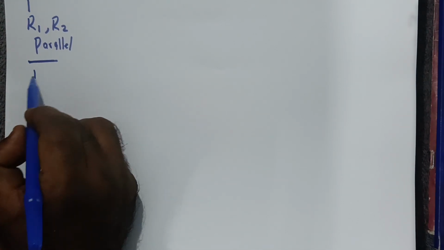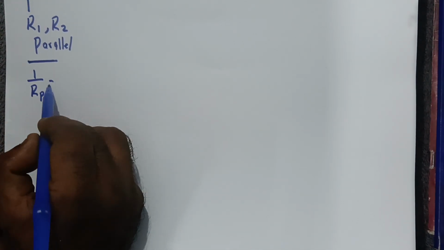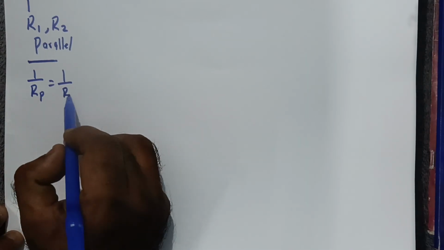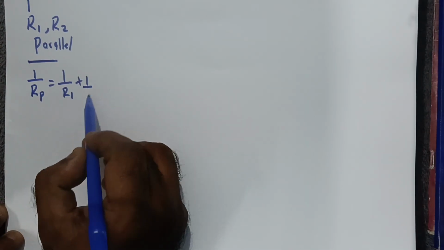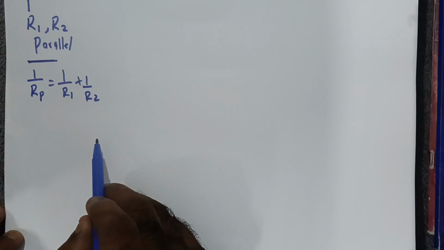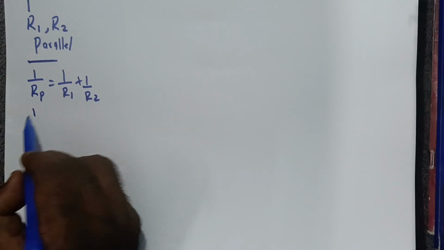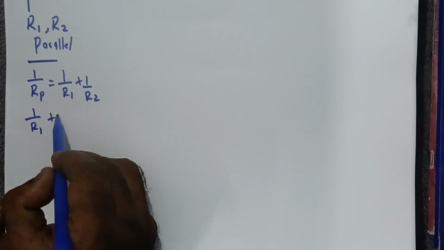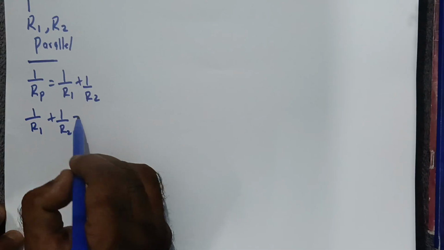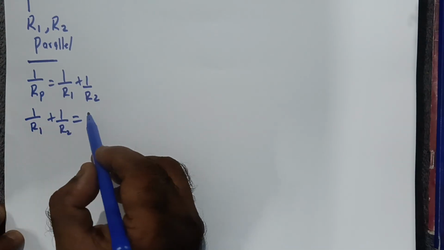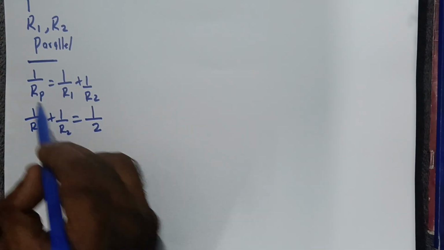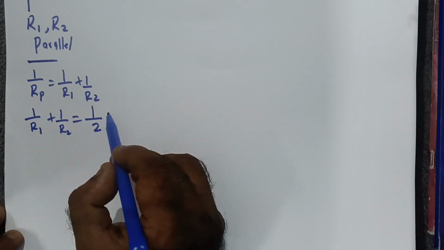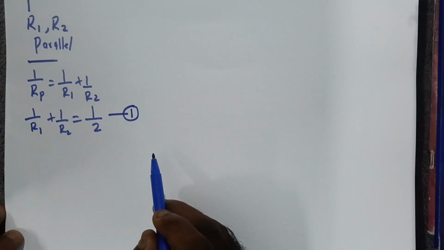That means 1 by Rp equal to 1 by R1 plus 1 by R2. So this is the equation. That means 1 by R1 plus 1 by R2 is equal to, what is the effective resistance here? 2. So 1 by 2. Instead of Rp, we can put 2 here. So this can be equation 1, right?